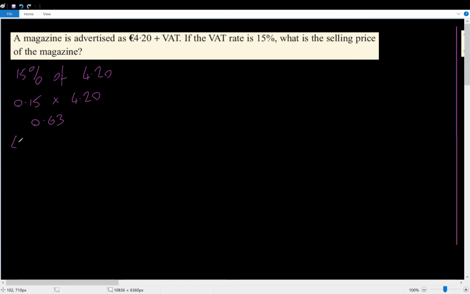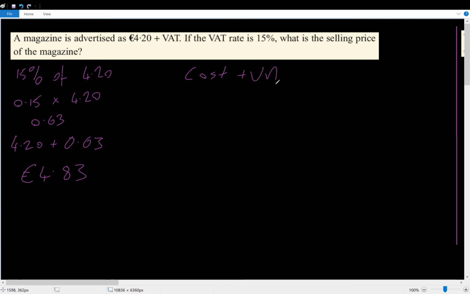So if we add 4.20 and 63 cents, we're going to get €4.83, like that.